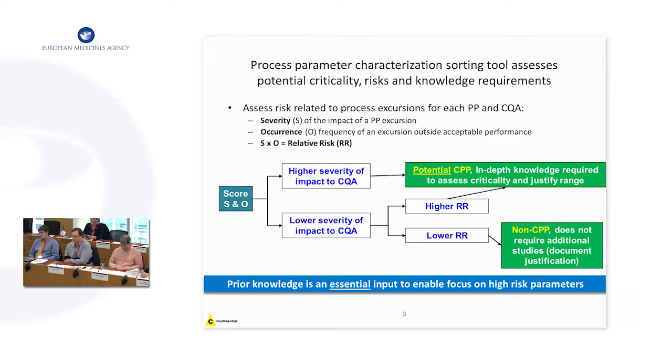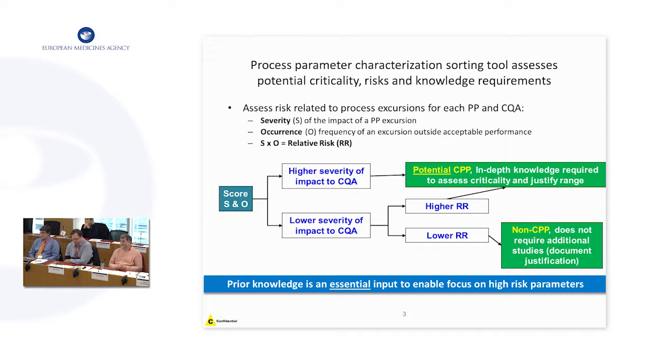So most companies use some sort of sorting tool when we're developing the control strategy, where at some point we look at what we know about our process parameters. And this is a 10,000-foot view of our sorting tool, where we basically look at the severity of impact of a process parameter on the CQA and the frequency of occurrence.